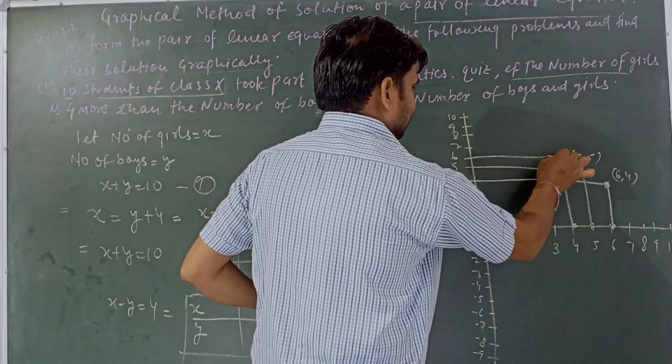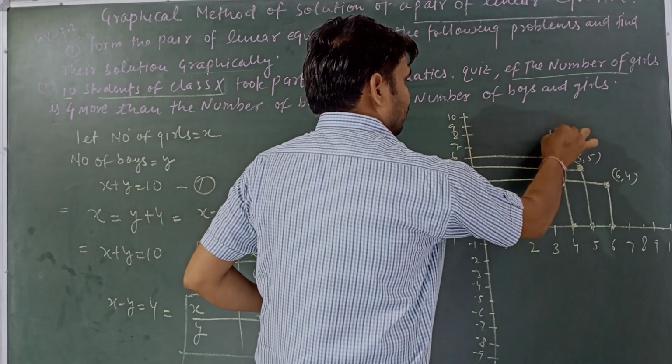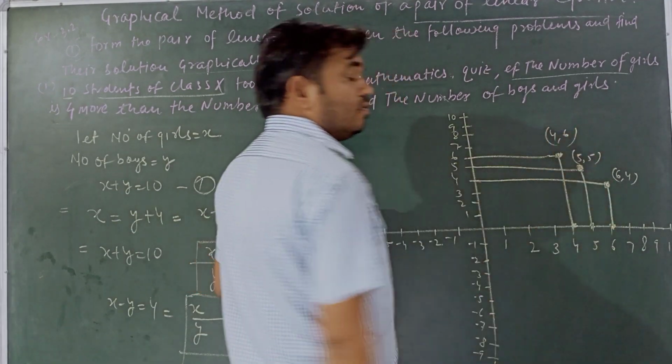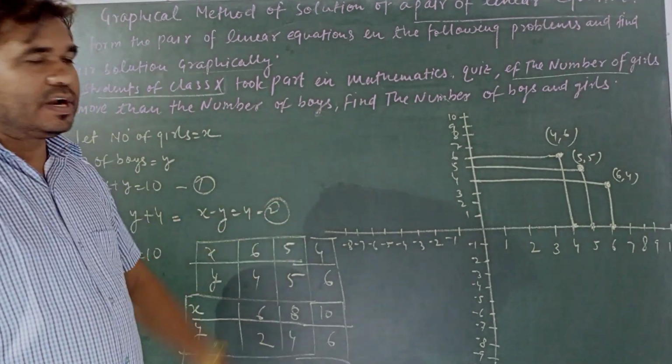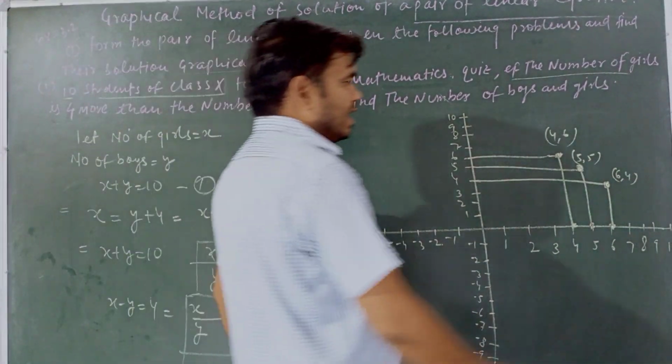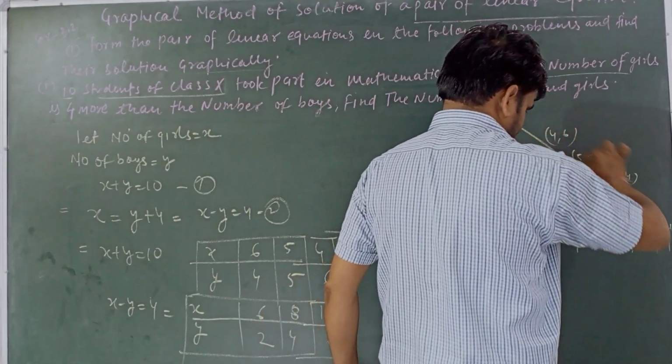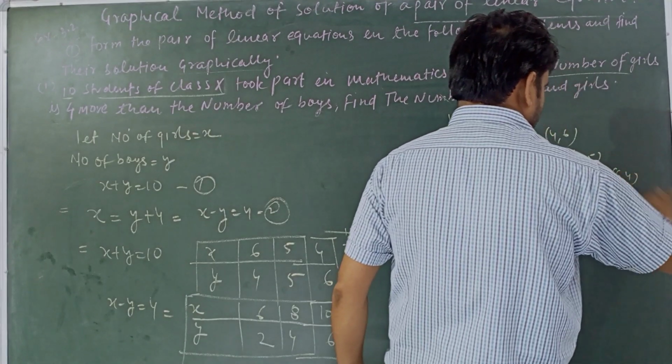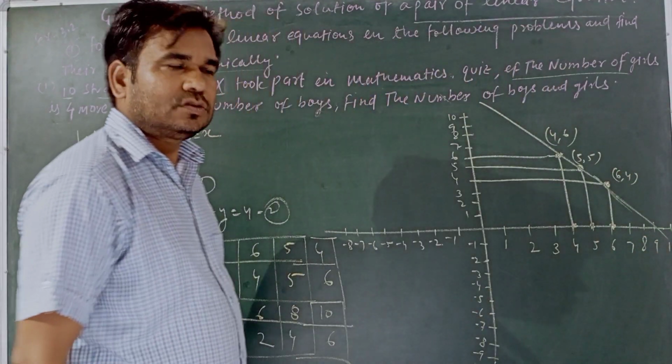So these are the points 4 and 6 for the first equation, and then we draw the line.